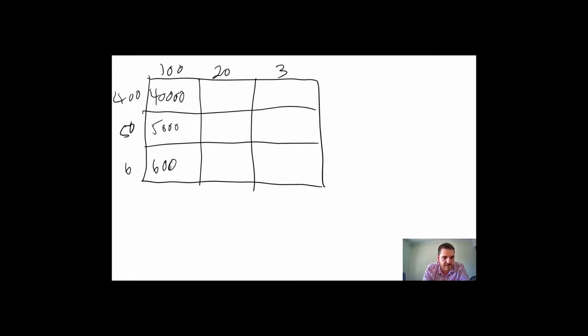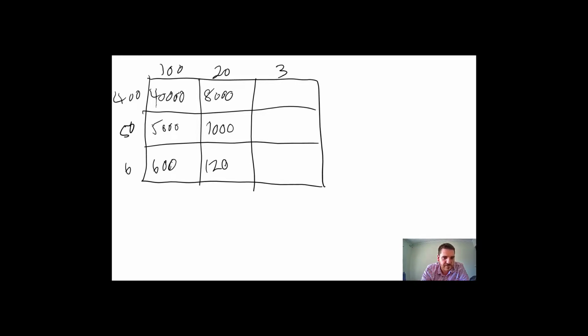400 on the left, 20 on the top. So 4 times 2 is 8, and there's 1, 2, 3 zeros. 20 on the top, 50 on the left. So 2 times 5 is 10, and then there's 1, 2 zeros. And I have 20 on the top, 6 on the left. So 2 times 6 is 12, and there's 1 zero.